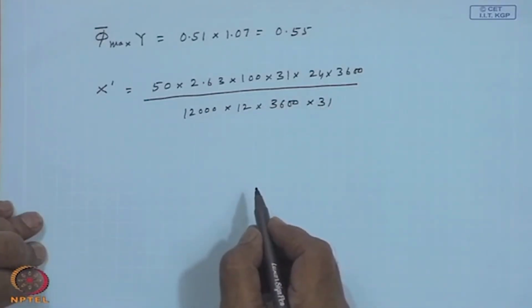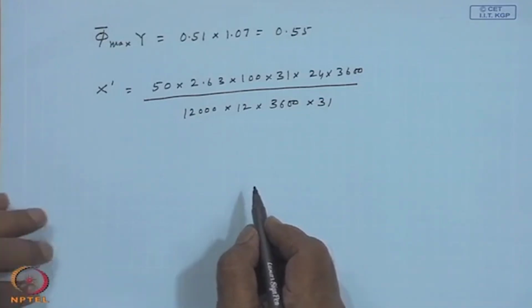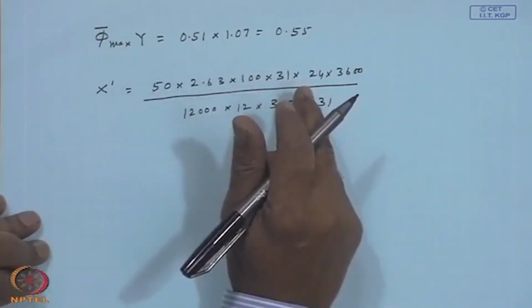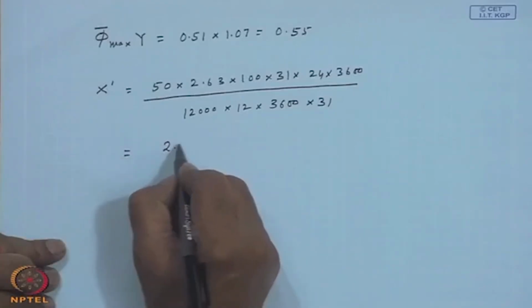Please remember, when the load is given in joules or megajoules, make the consistent units. If it is kilowatts for certain time, you have to convert it to joules. Okay. That is, power is done over a period of time, which makes it the energy. This will come out to be 2.19.